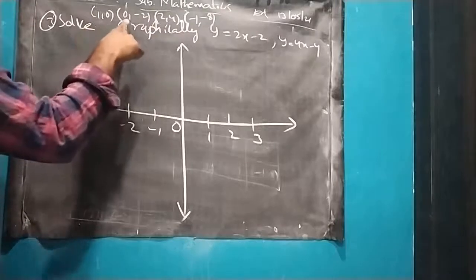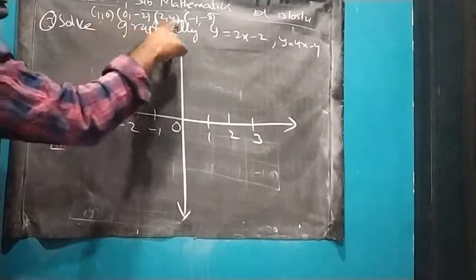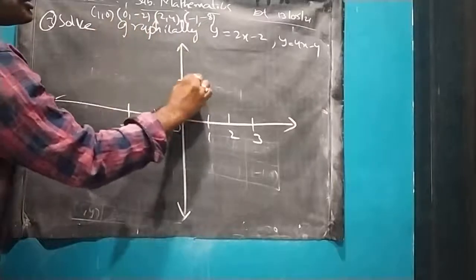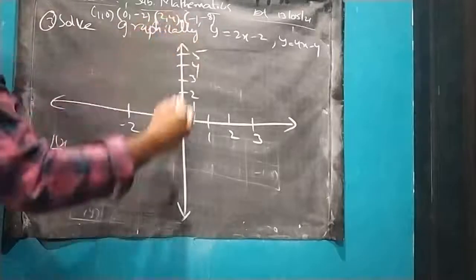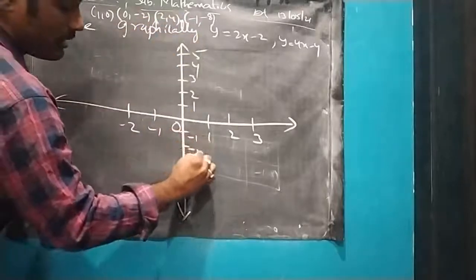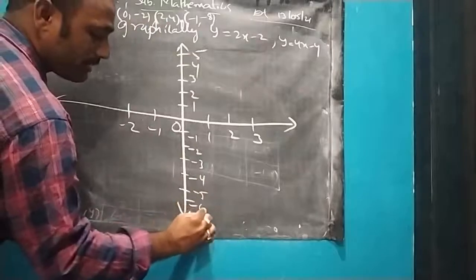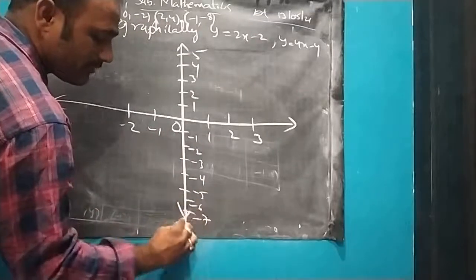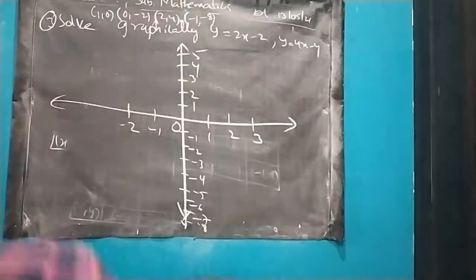The highest y value is 4: 1, 2, 3, and 4, 5, one extra value. Then minus 8: minus 1, minus 2, minus 3, minus 4, minus 5, minus 6, minus 7, and the last one is minus 8. Somewhat it is not fitting now.